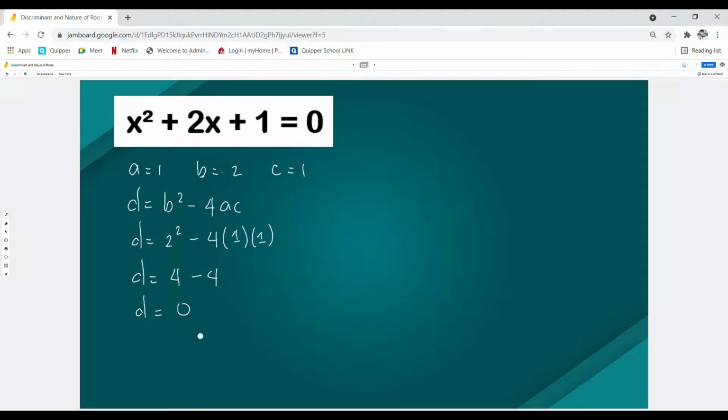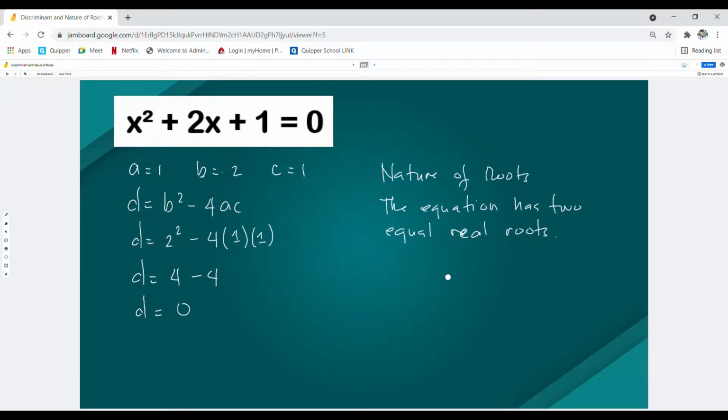Remember, if D is 0, you can tell the nature of roots now. What is the nature of roots of this example? So you may say the equation has two equal real roots.